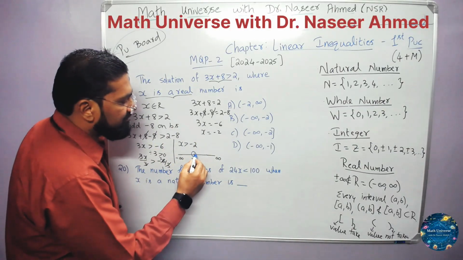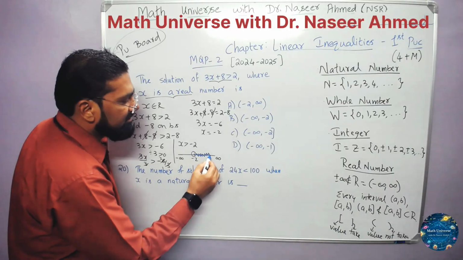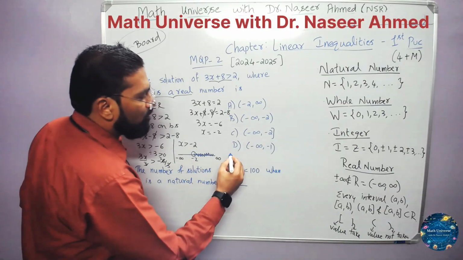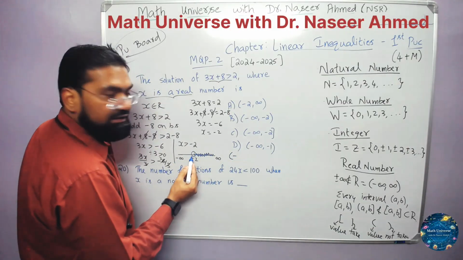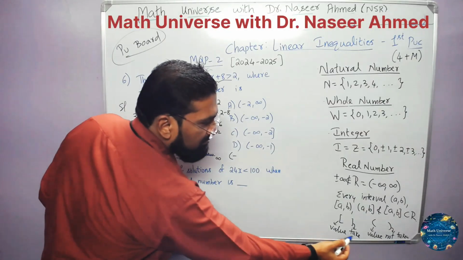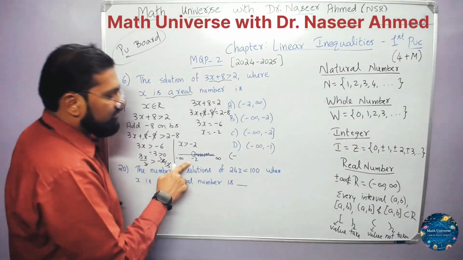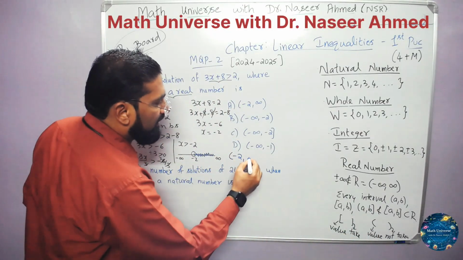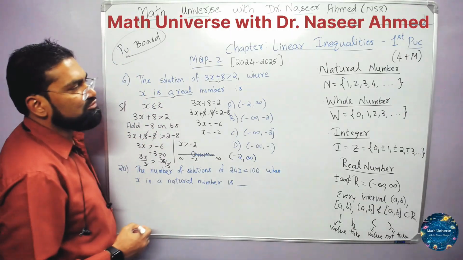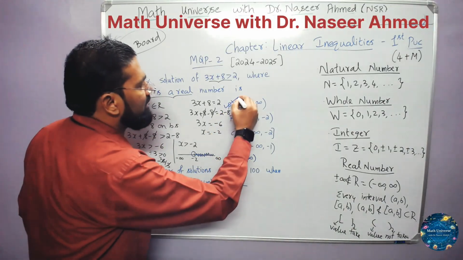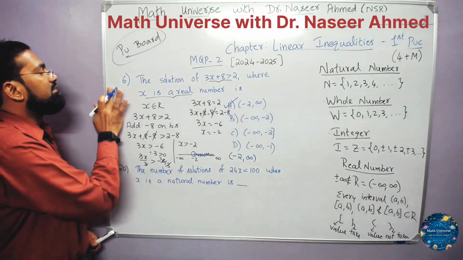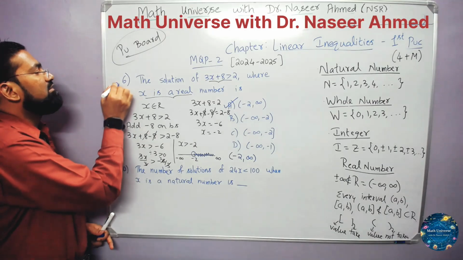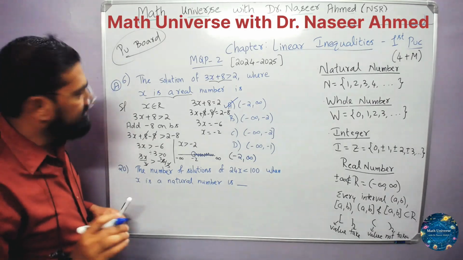So I'm just shading. And the interval is what? Open interval. Why open? Value not taken. As I said, whenever value is not taken, open interval. Minus 2 comma infinity. Minus 2 comma infinity is there in option A. So option A is correct.